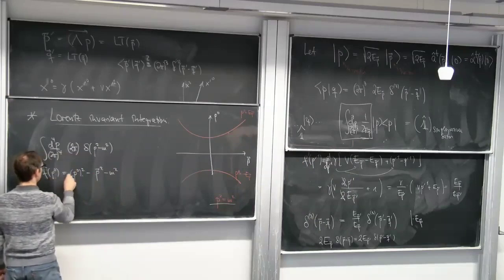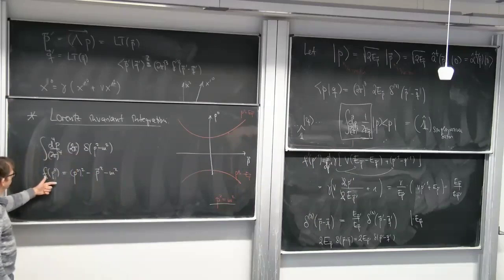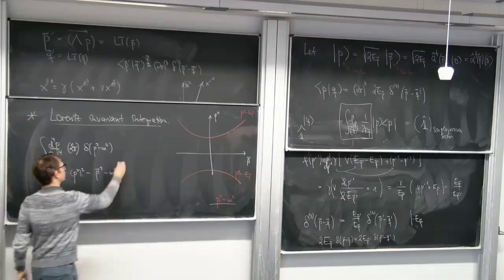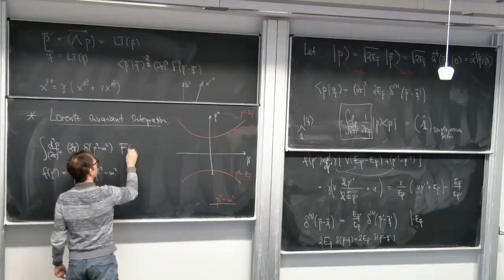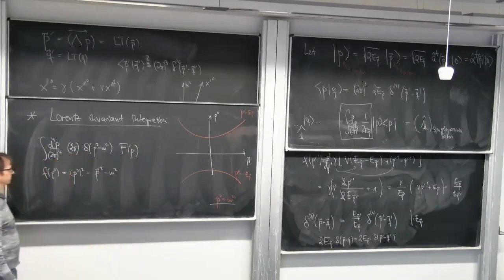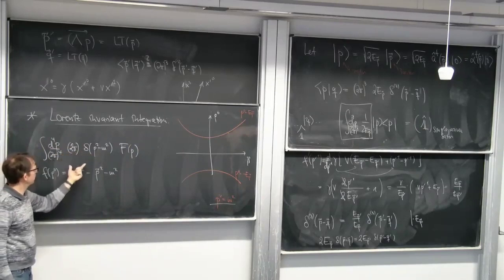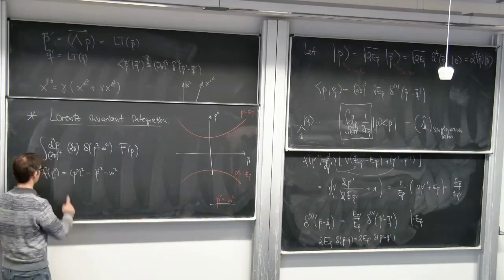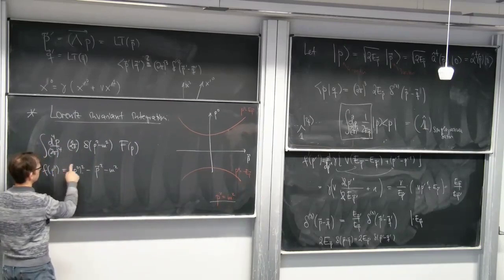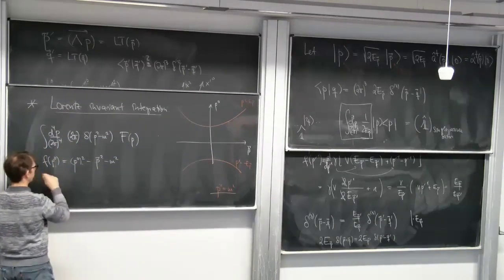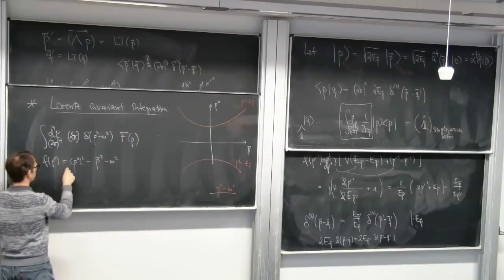function of p0. And now we want to find, see, if here was an f of p, anything, I can perform the p0 integration using this delta function. Because it's there, so I use it. And what would that be? So this has 2 roots.